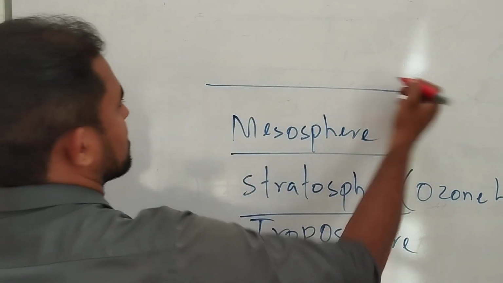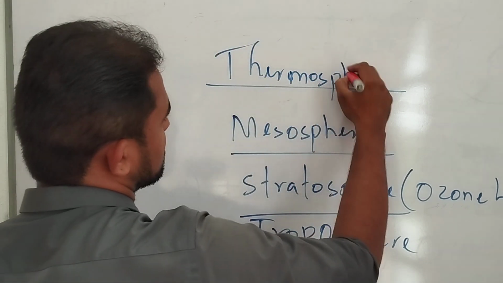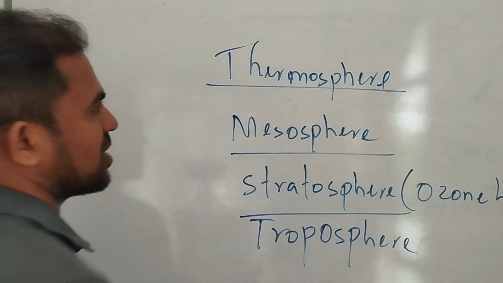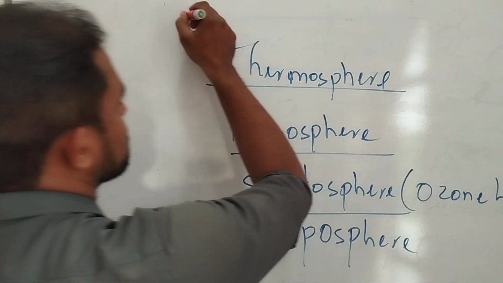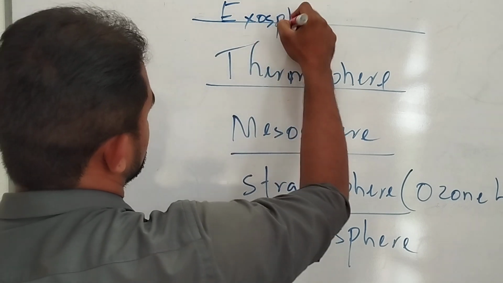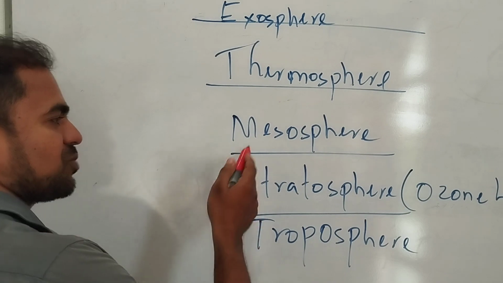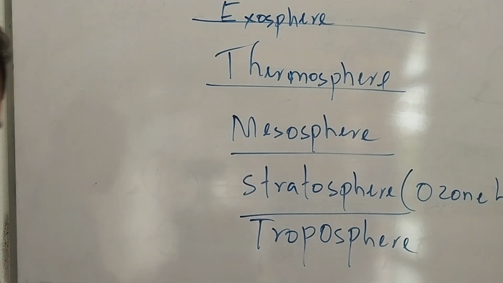In the fourth layer, we have the thermosphere. The last and topmost layer of the atmosphere is called the exosphere. So now you have understood that the atmosphere consists of 5 major layers.